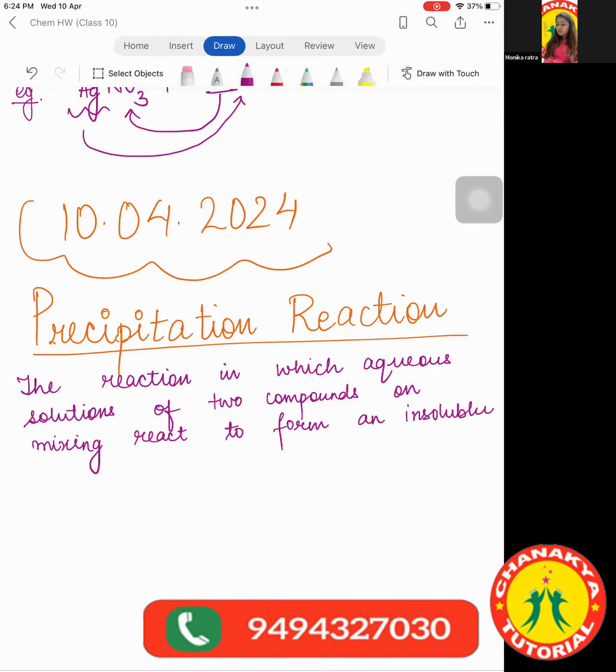To form an insoluble compound which separates out as a solid.